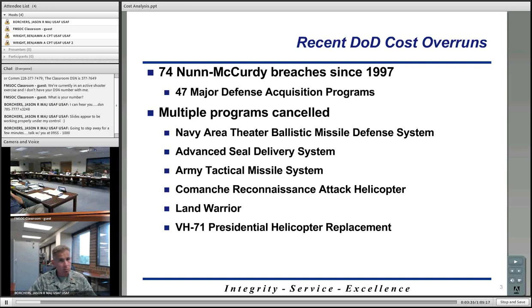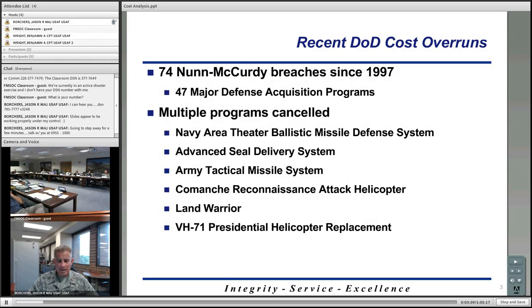A critical breach is a little more important. It constitutes an increase of 25% against your current baseline, or 50% against your original baseline. And in addition to notifying Congress, which you've probably already done when you did a significant breach, this could also involve possible termination of the program, so it's a little more involved.